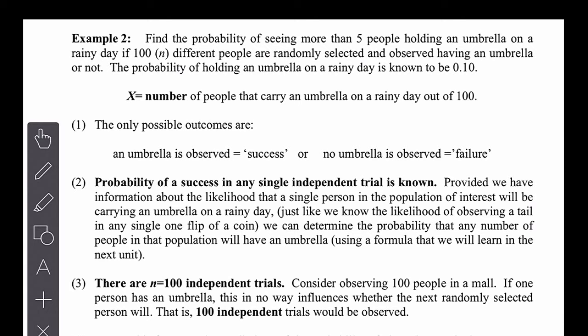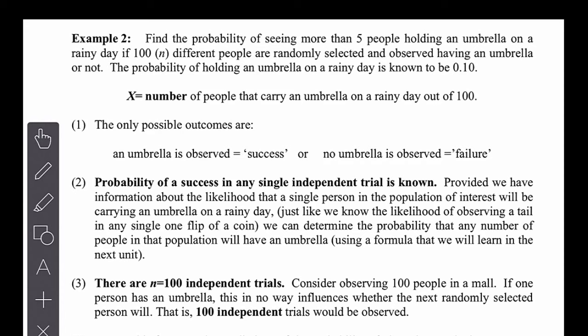Is this a binomial? Well, let's review the criteria first. Is it true that only one of two things happens? Well, I'm interested in whether they have an umbrella, which is called a success, or not, which I'll call a failure. Do I know the probability of a success, having an umbrella? I do. I was told it was 10%.